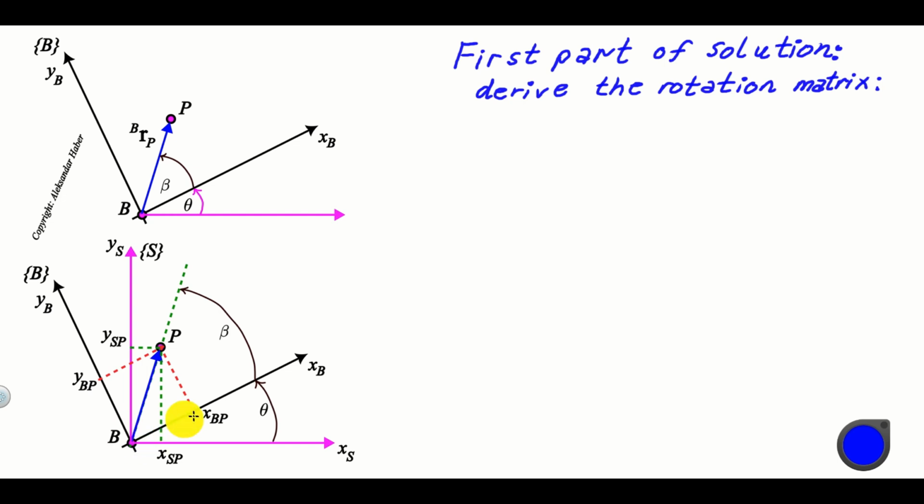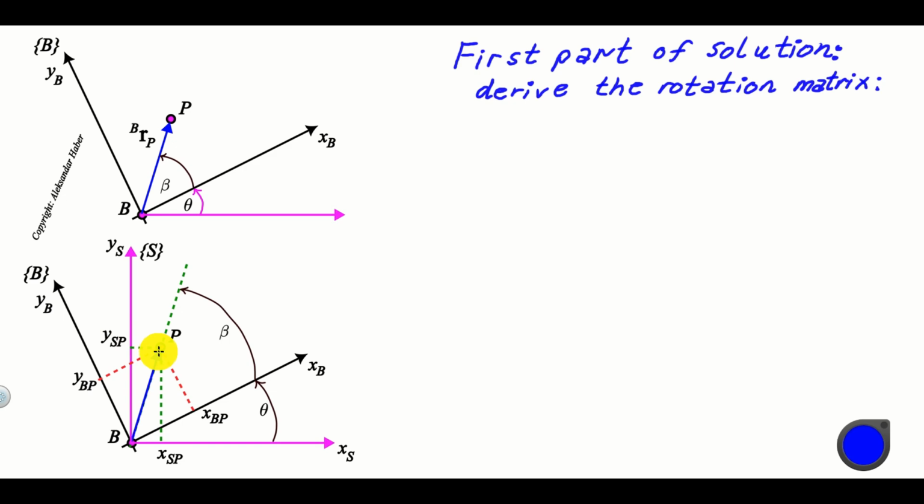Now, by analyzing this figure over here, we can see that the body frame is rotated by the angle theta with respect to our frame S. Our first goal is to express the projections of the vector RPB in the frame S. That is, we need to compute XSP and YSP.